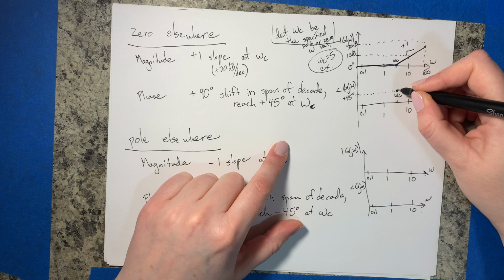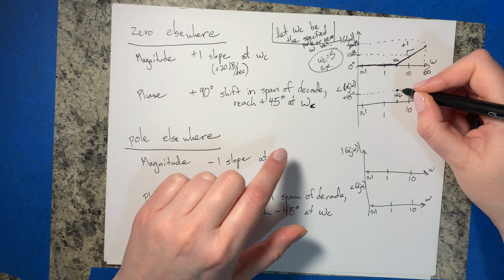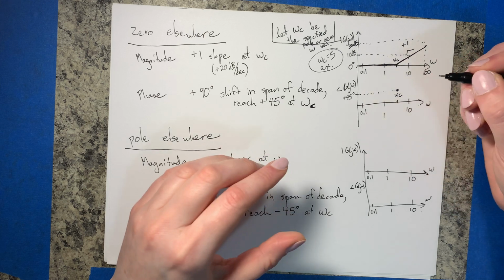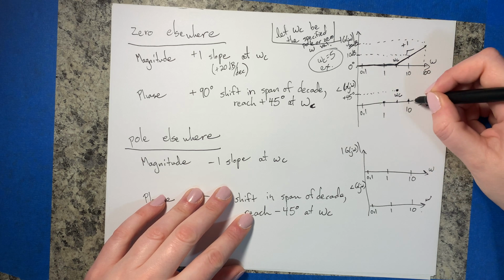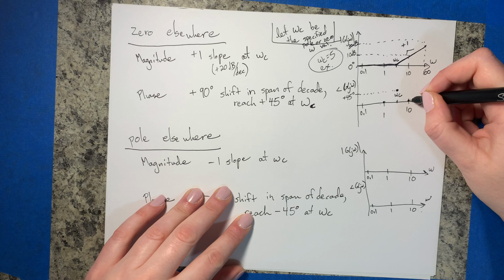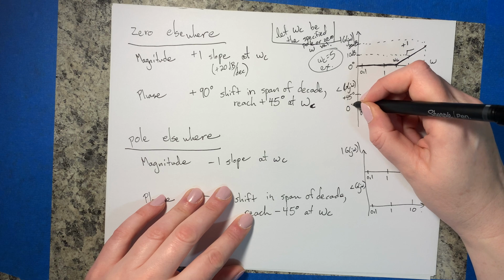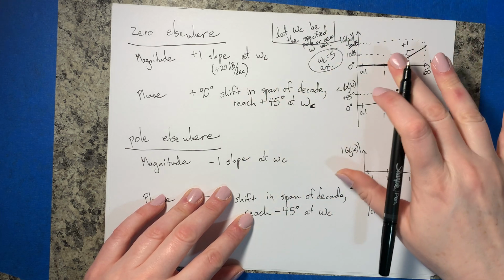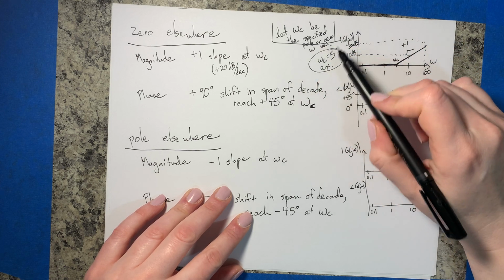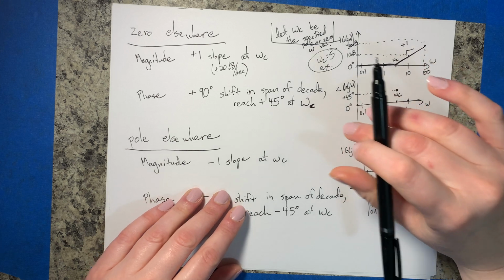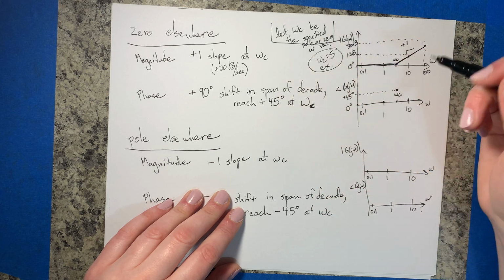And then at 1/10 of it and 10 times it, or 1/10 of the overall frequency, that is the end of this decade is what I mean to say. At the beginning of the decade and the end of the decade, we finish out this effect. So I started here at 0 degrees. I didn't have anything else going on for this transfer function. And if you're paying attention, you'll notice that this is not a case that can actually happen because it's a zero by itself, no pole, and we don't do that in the physical world.